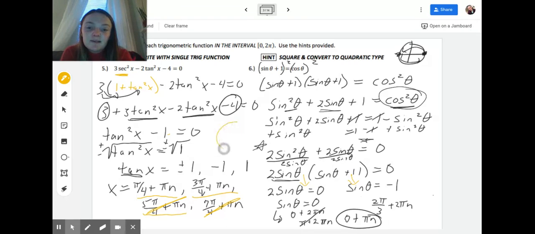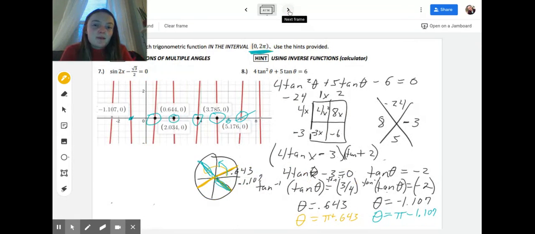If I want to write that in a more simple way, though, technically 0 plus pi n and pi plus 2 pi n are the same solution. If I said 0 plus pi, and then I said pi plus another pi, those are going to get me the two solutions I already had. So I wrote it simpler as saying 0 plus pi n. After that, I have 3 pi over 2 plus 2 pi n, and that's when sine of theta is equal to -1. All right, next one.